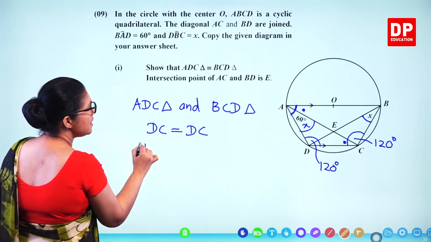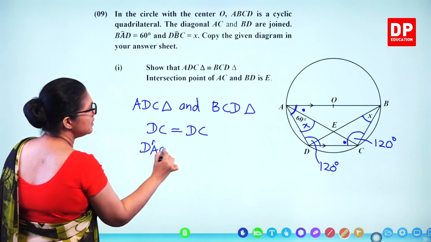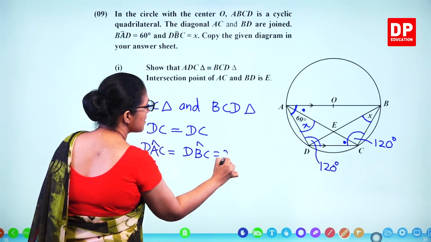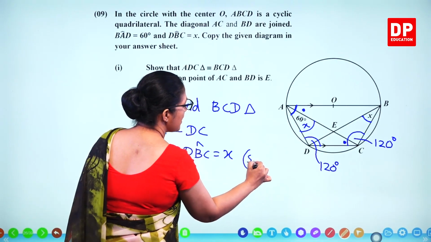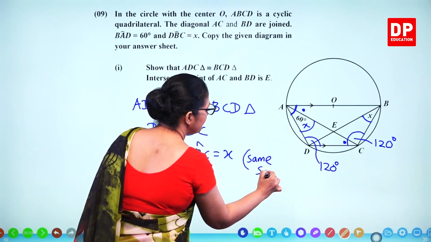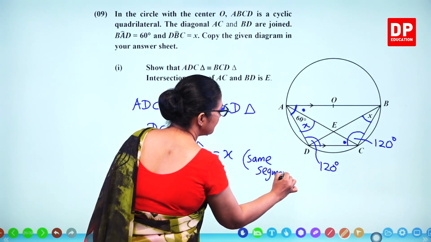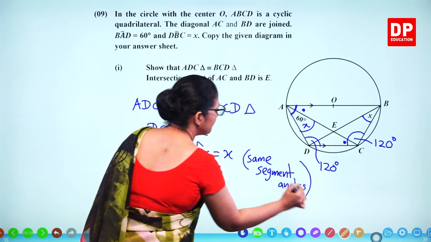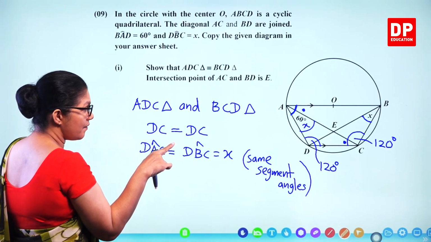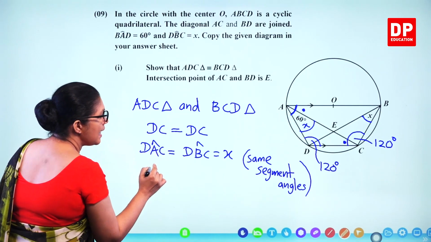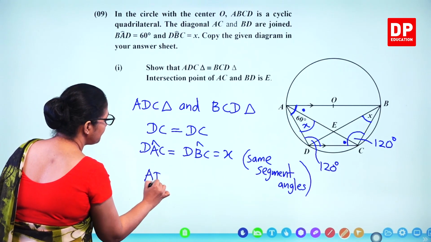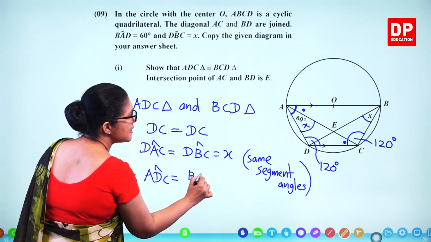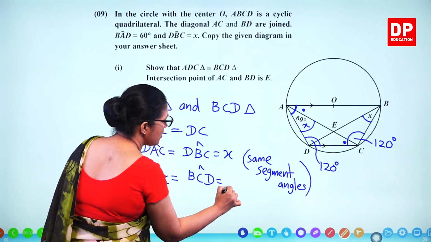And you can write angle DAC and angle DBC, that's X. Same segment angles are equal. And then you can write angle ADC is equal to angle BCD, that's 120.